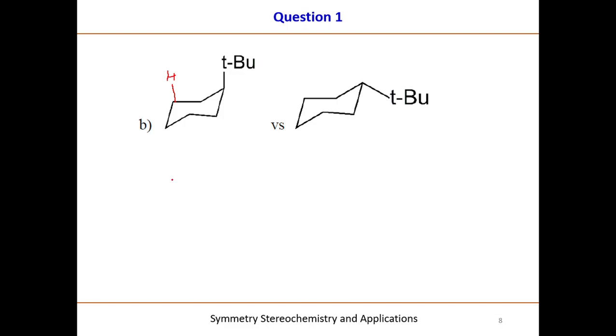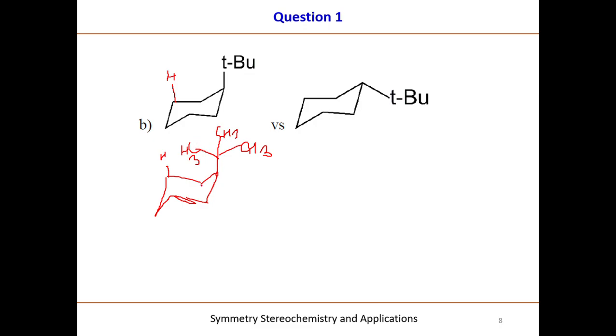If you open this and draw it this way, here CH3, CH3 and CH3. So you can see here this CH3 is close to this hydrogen.